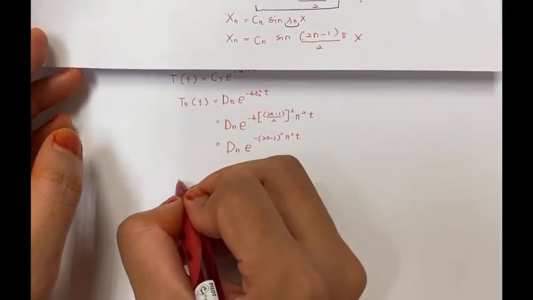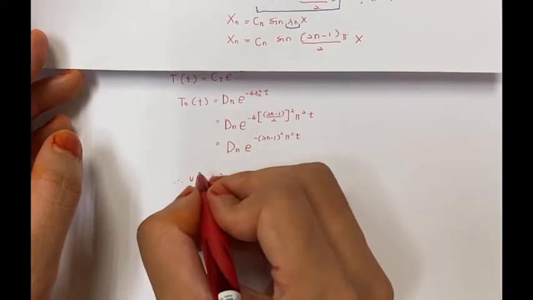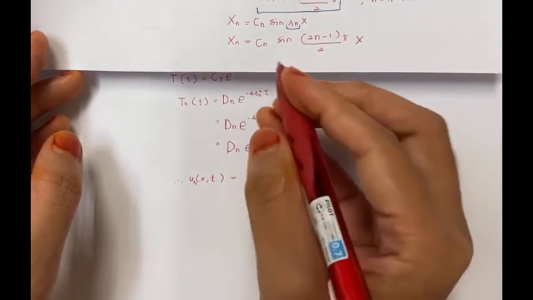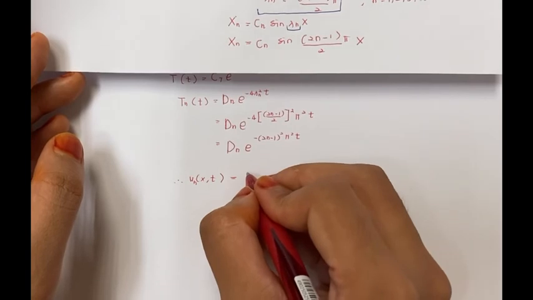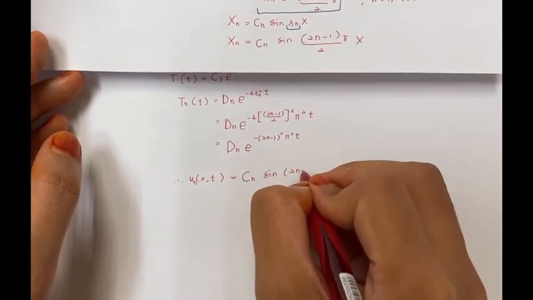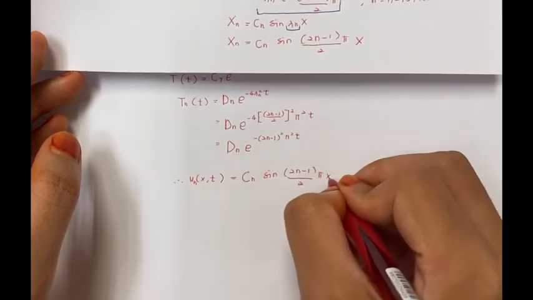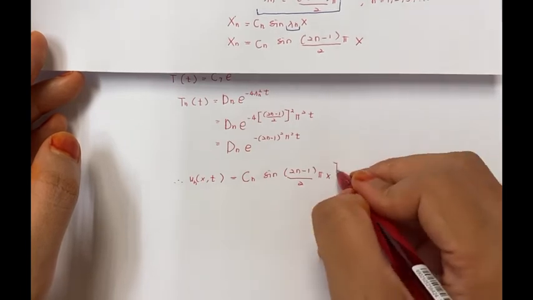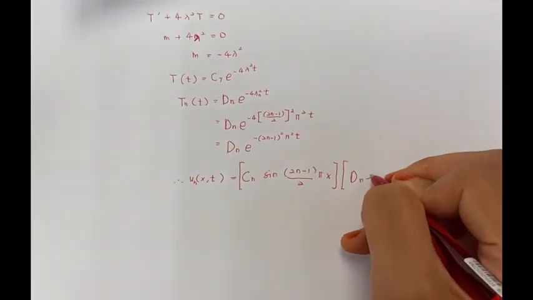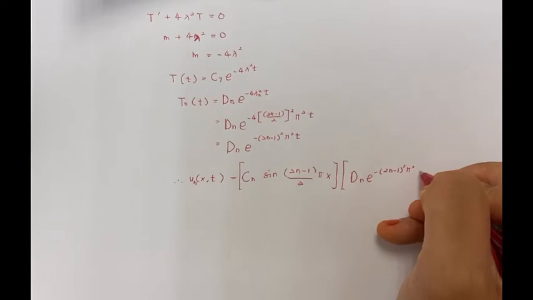And then you can write your u(x,t), un(x,t), okay, in general form. un(x,t) is equal to xn multiplied by tn. So you have cn sine (2n minus 1)/2 π x multiply with dn exponent negative (2n minus 1) square π square t.